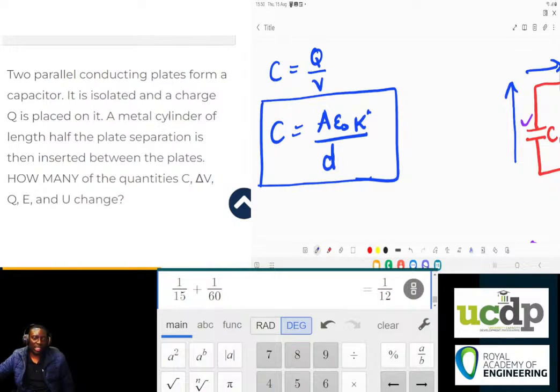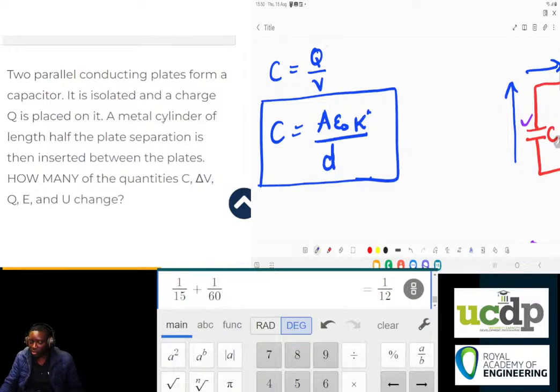Now, introducing this system, if you look at the first equation, C equals Q over V, we have already seen that the charge is already deposited onto the capacitor. Once it's deposited like that, it won't change. It remains the same. We don't have any means by which the charge will be lost or gained, because the battery has been removed.